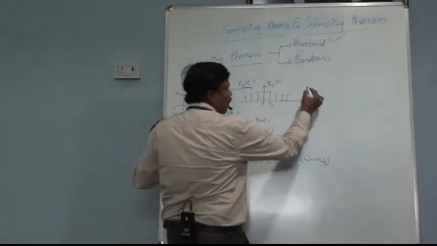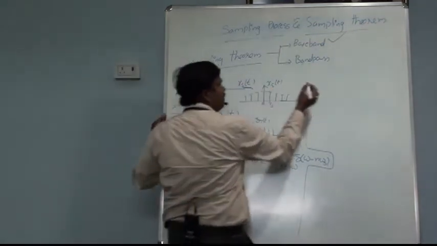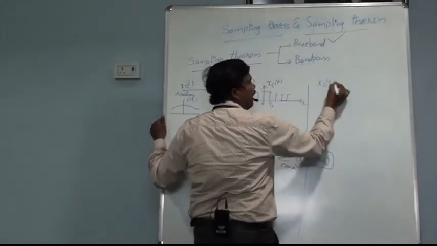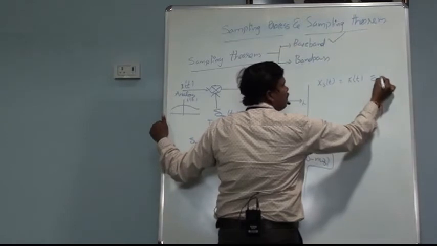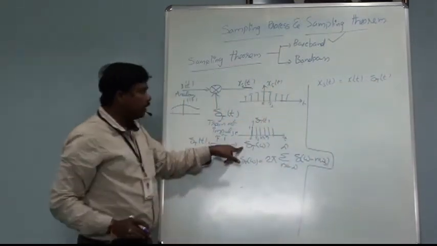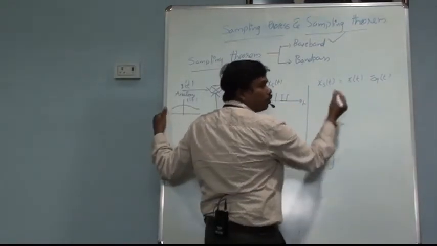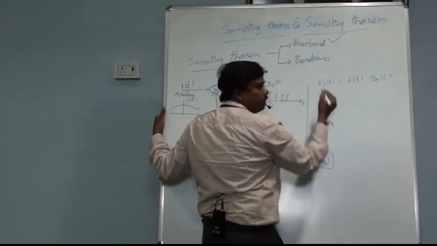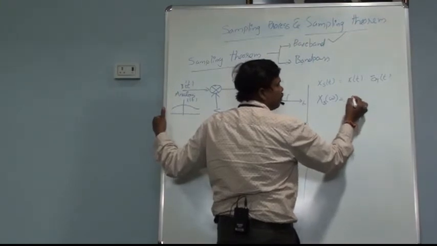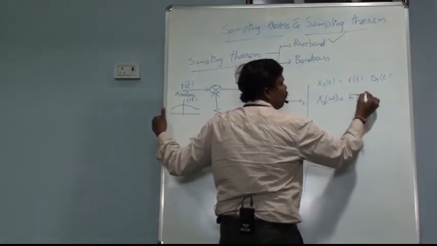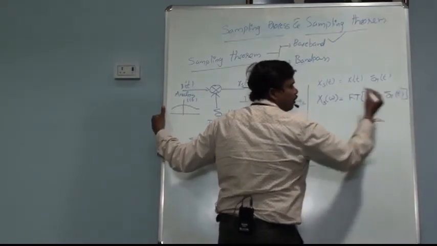Now, how can we get it? The sampled signal I can write mathematically as the multiplication of x of t and the train of impulses, delta of t. If you apply the Fourier transform on both sides, the same signal is converted to the frequency domain, xs of omega, which is equal to the Fourier transform of x of t times delta of t.